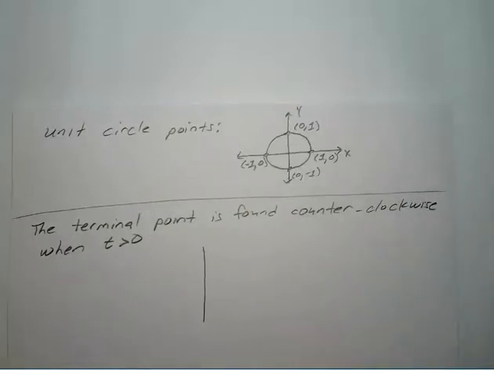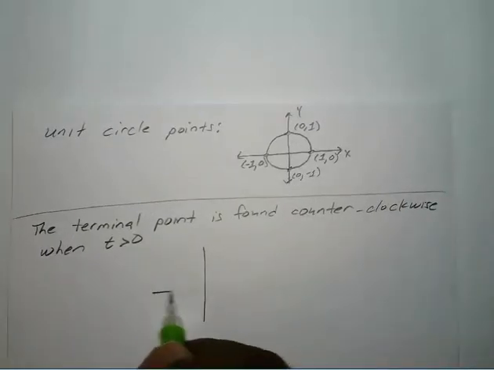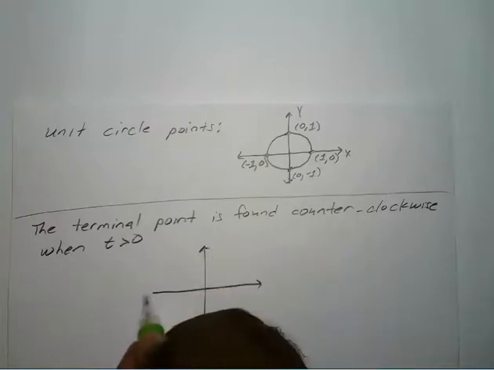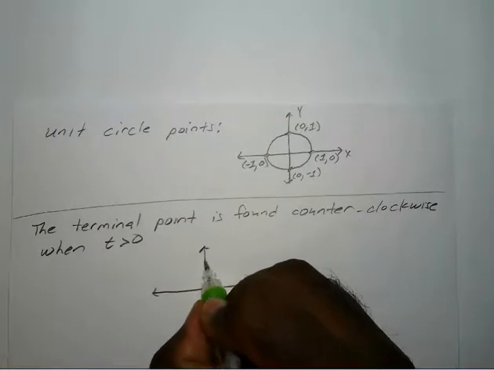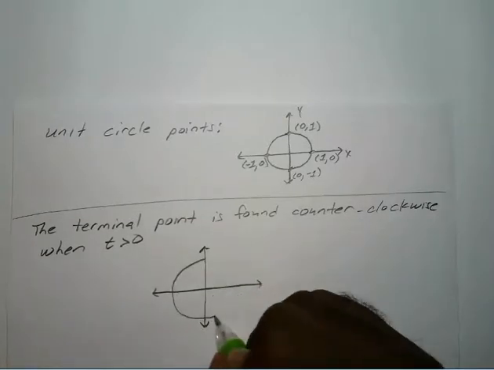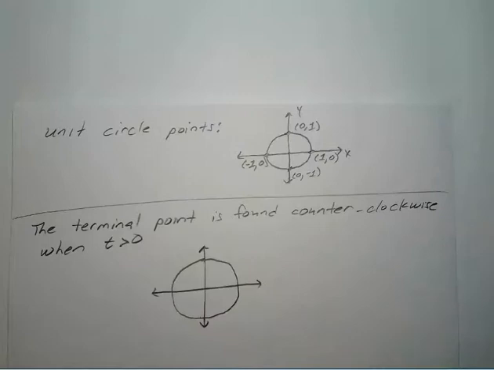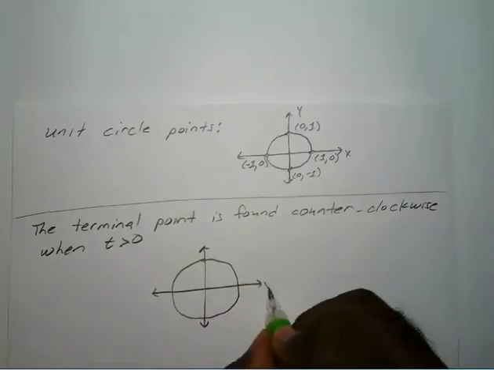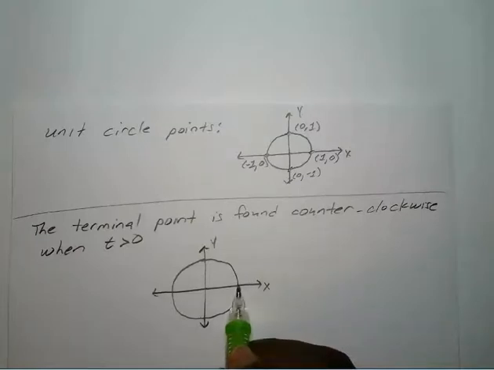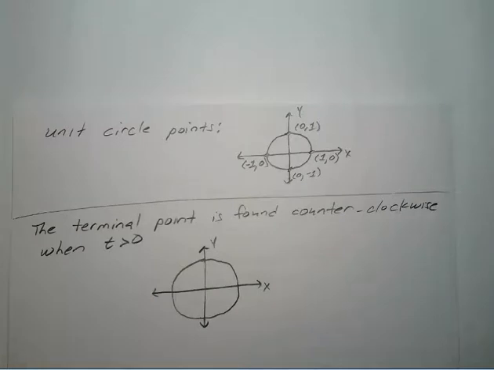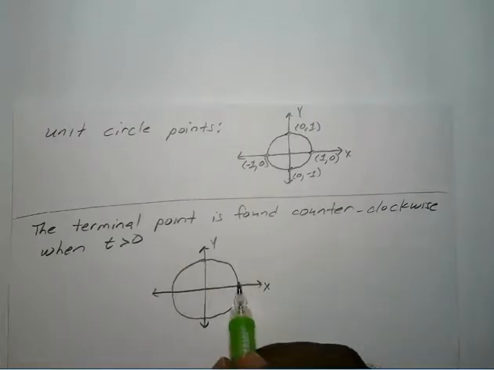Let's go ahead and draw another circle. Let's just pretend that's a unit circle. A little uneven, but you get the idea, hopefully. Remember, you always start here when you're moving along a unit circle. You start at the positive x-axis.